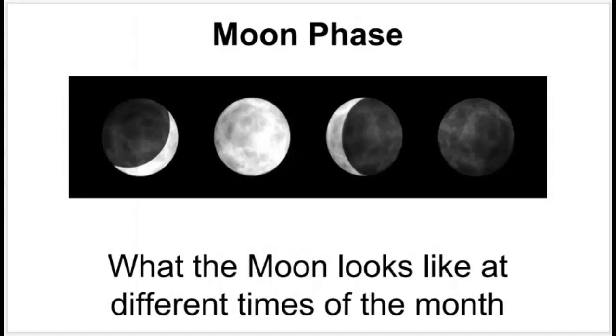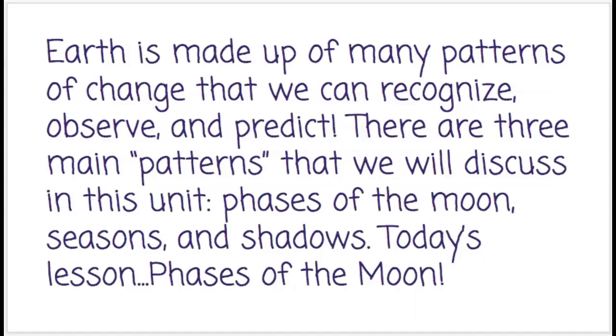Then we have a moon phase, which is what the moon looks like at different times of the month. As you learn, there are primary moon phases, which we can see throughout the month, but there are also a total number of moon phases that are more than just the primary moon phases.